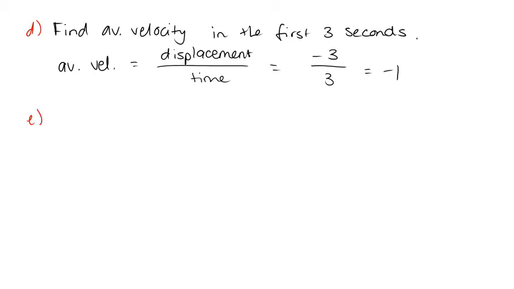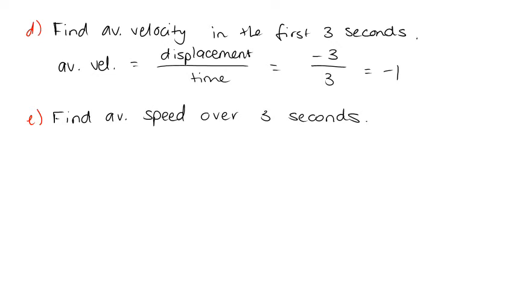And then find its average speed. Now, what's the difference between speed and velocity? Velocity is direction. Average velocity is displacement over time.